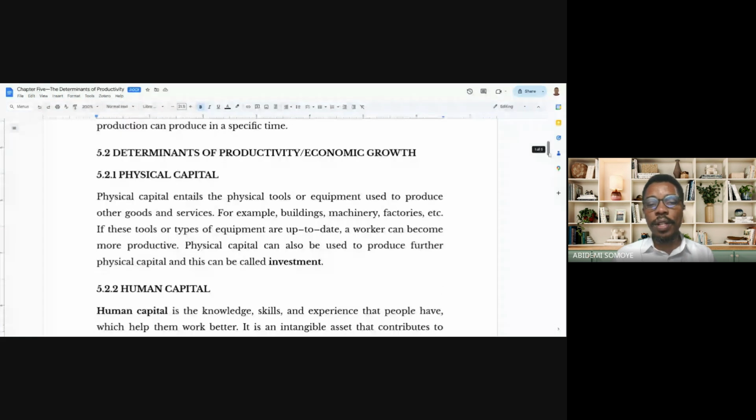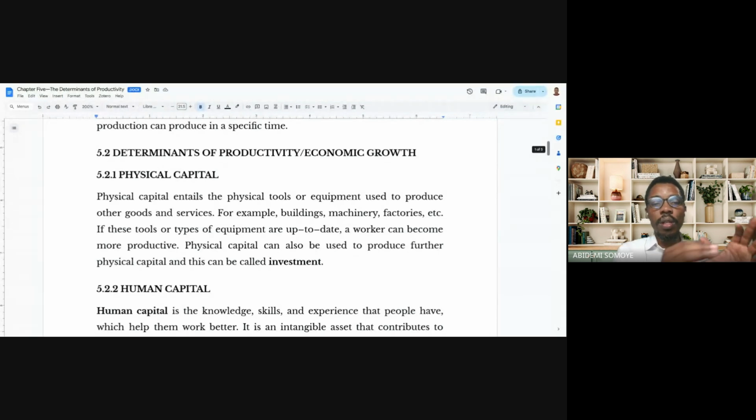First of them is fiscal capital. What is fiscal capital? Fiscal capital entails the physical tools or equipment used to produce other goods and services, for example, buildings, machinery, factories. If these tools or types of equipment are up to date, a worker can become more productive. Fiscal capital can also be used to produce further fiscal capital, and these can be called investments.